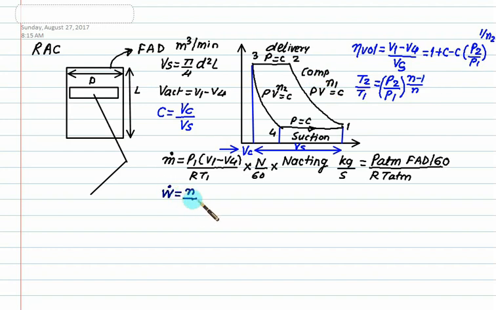The indicated power or theoretical power is given by N upon (N minus 1) into m dot into R T1 multiplied by [(P2 by P1) to the power (N minus 1) upon N minus 1]. So this power is exactly opposite of our first coefficient, that is N upon N minus 1.